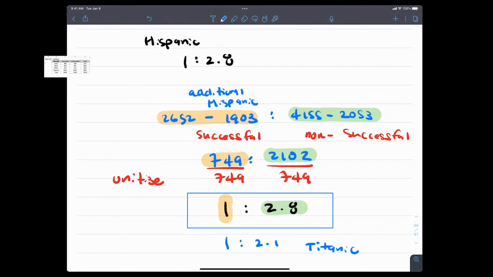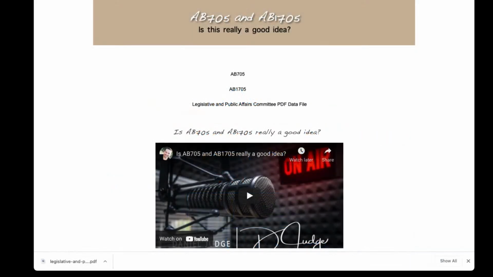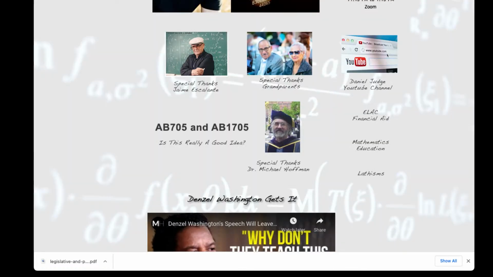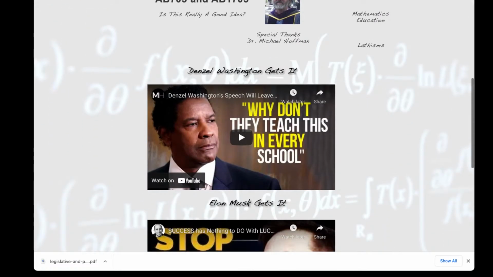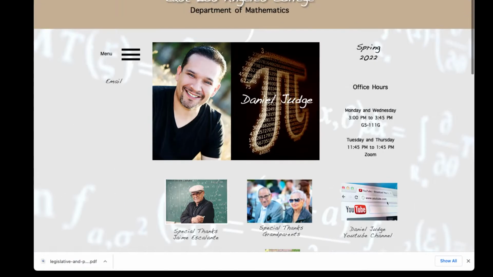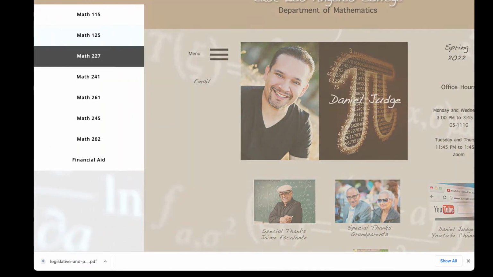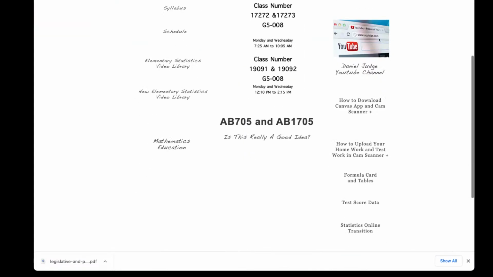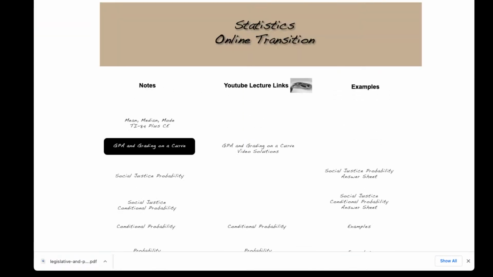All right, ladies and gentlemen. Now, the definitions I gave you on conditional probability, if we go back here, we're going to change some things here. Okay, I'm going to go to Math 227 and show you guys here, Statistics Online Transition.